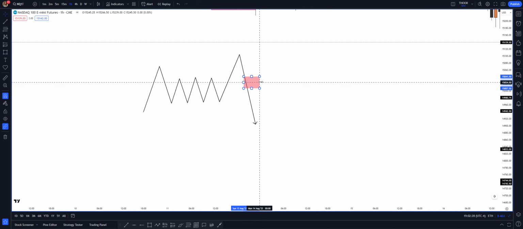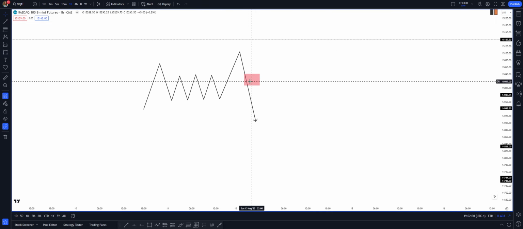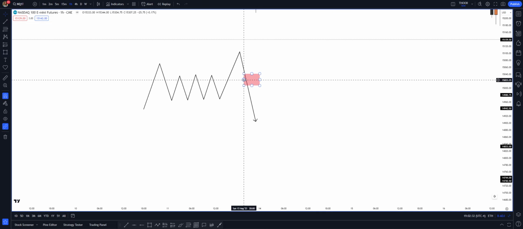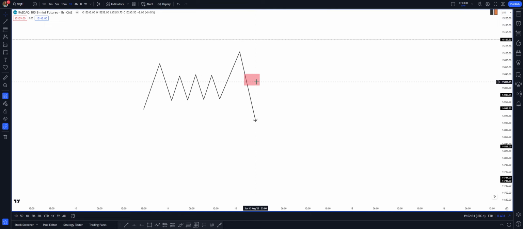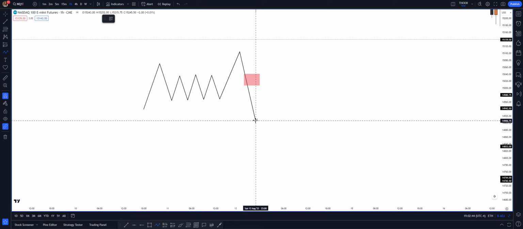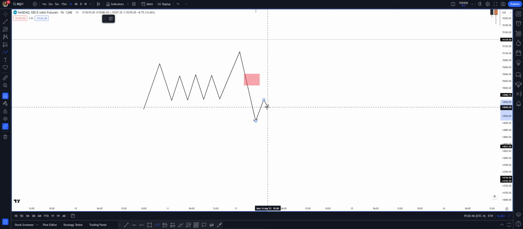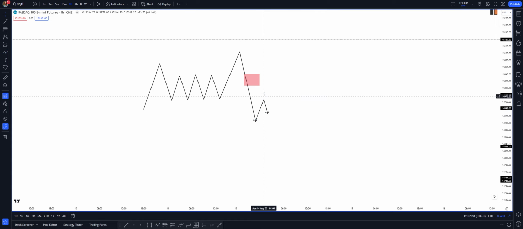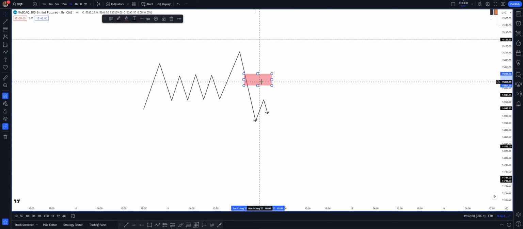With a fair value gap somewhere here, and it never trades into this fair value gap before New York opens. Okay, that's very important. It shouldn't do that. And on top of that, it should not print a local high before trading into this imbalance right here before New York Open.